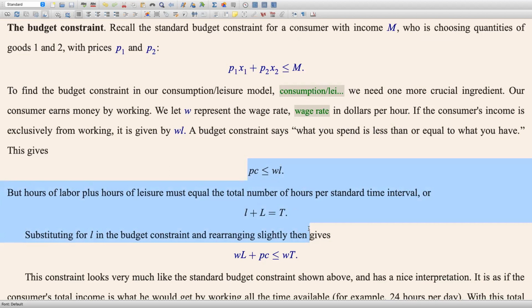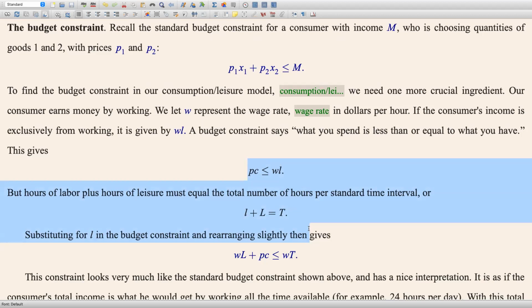Now, second thing, that's a little bit the harder one, but it's just from the description of the problem. It tells you, look, here the price of all other goods is P, and then how much you spend on this is the multiplication of P times C. Okay, and then here, as opposed to the previous budget in the previous chapter, you only eat if you work, right?